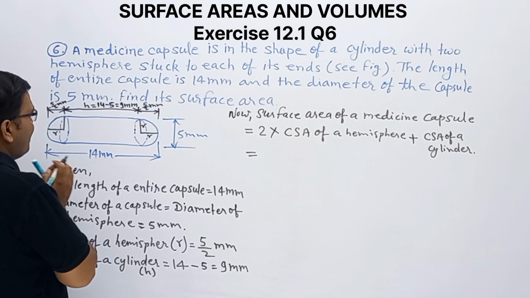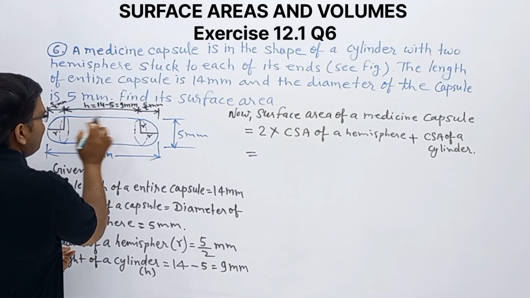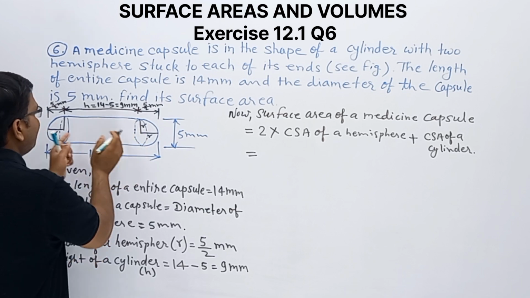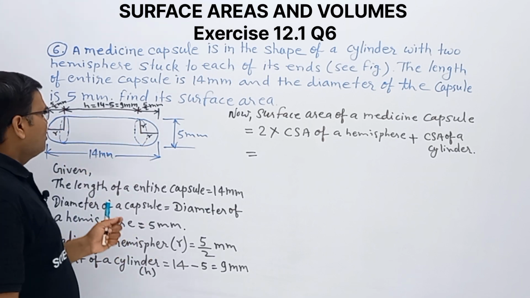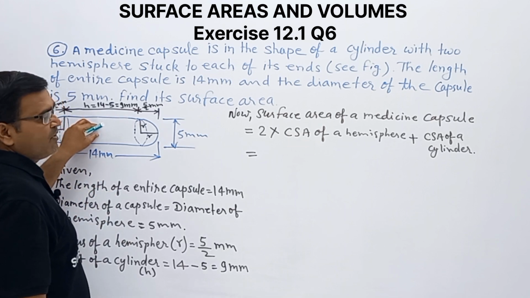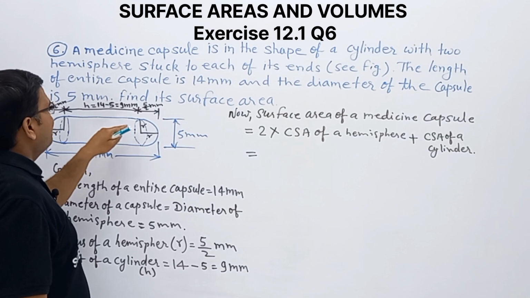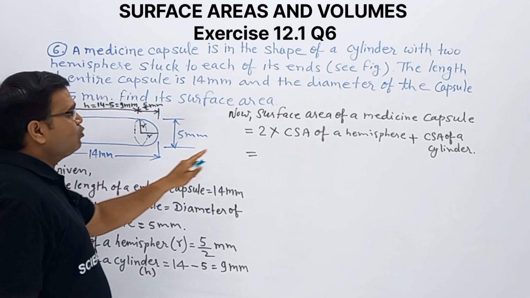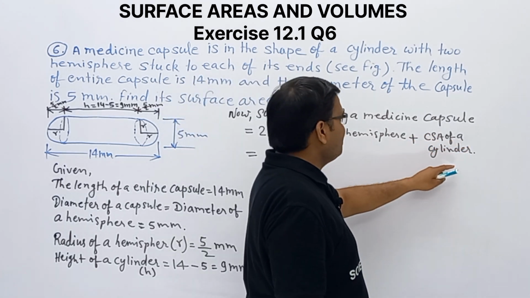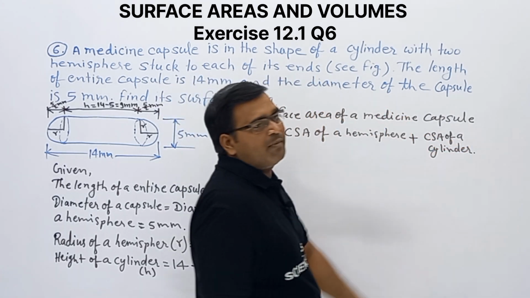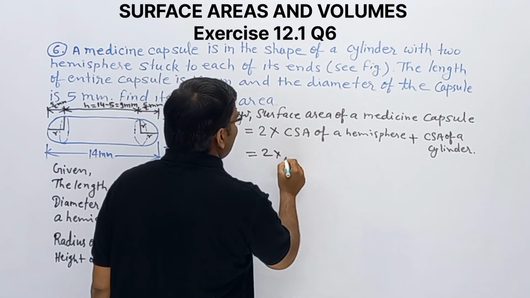This medicine capsule has two hemispheres. So the curved surface area of these two hemispheres plus the curved surface area of this cylinder will be the surface area of the medicine capsule. Clear?